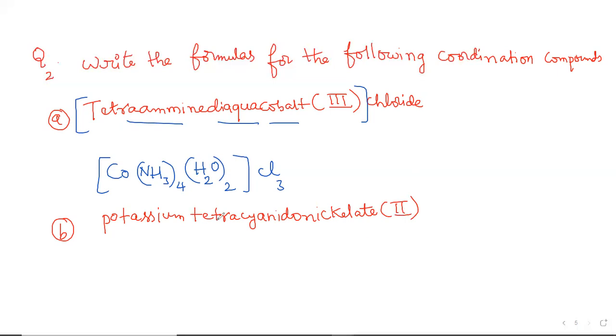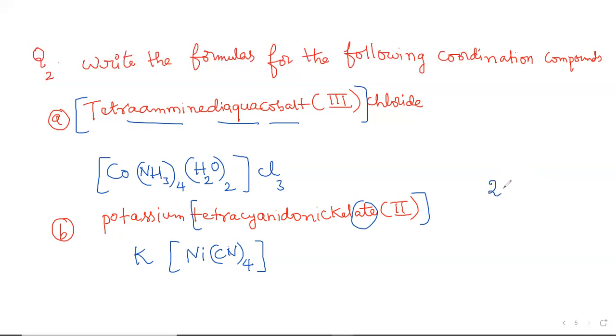Let us see. Whenever the name starts with tetra and ends with a Roman numeral, outside there is definitely potassium. We start with the coordination sphere. Nickel is the central atom. As it is an anionic complex, the name of the metal ends with -ate. Tetracyanido means 4 CN ligands are present around nickel. One ligand has -1 charge, so 4 ligands give -4.